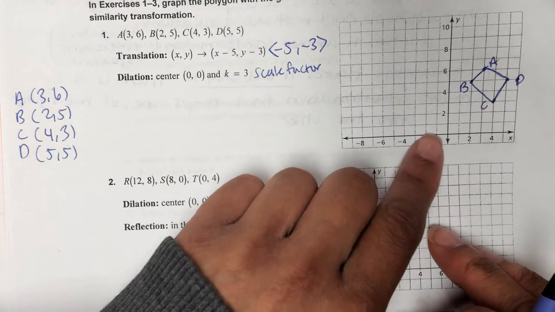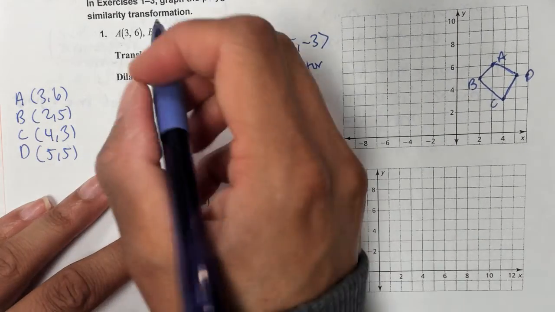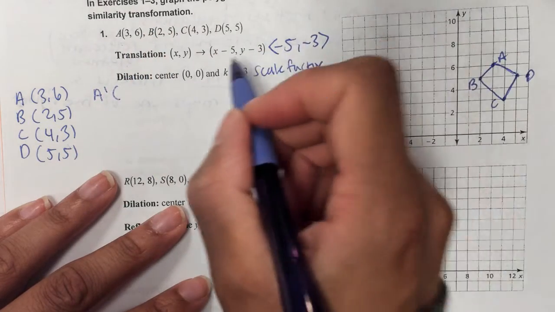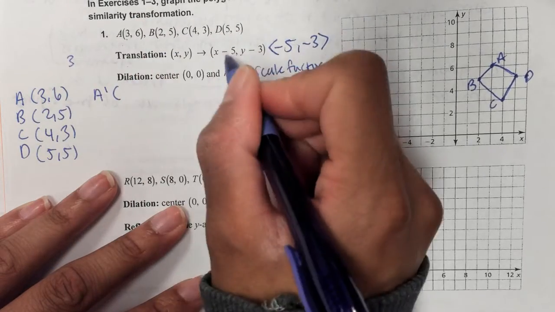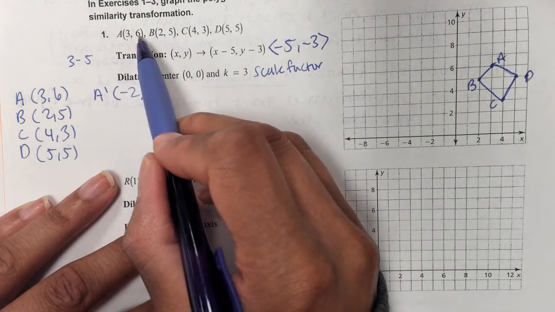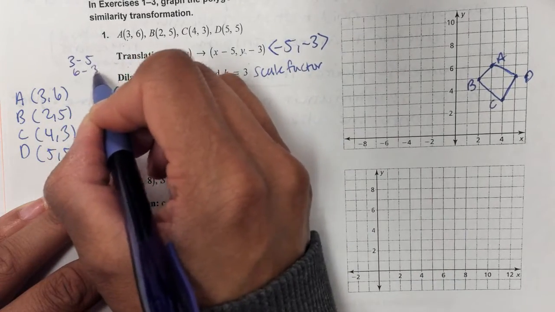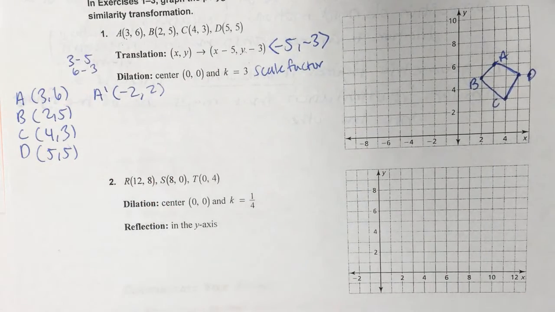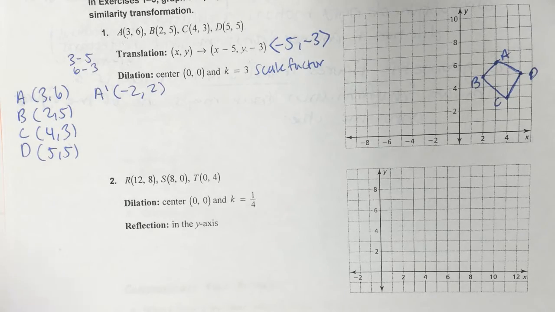So now I'm going to take this figure and slide it over -5 in x and -3 in y. For my new A prime, this is the same as taking my 3 minus 5, and I end up with -2, and then I take my y coordinate 6 minus 3, which is 3. We do that for all of our coordinate points to get our first translated image.